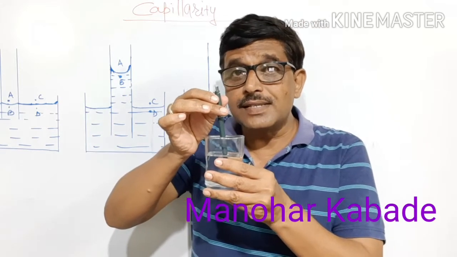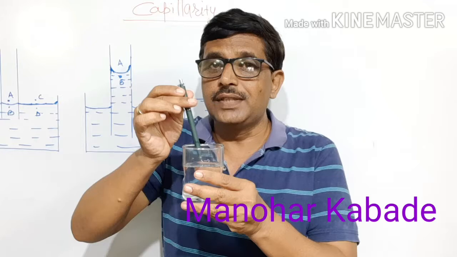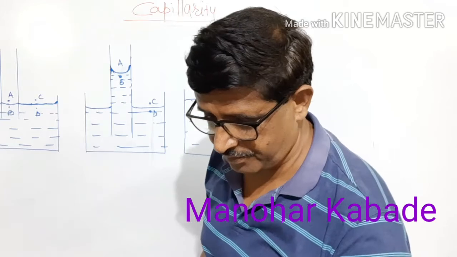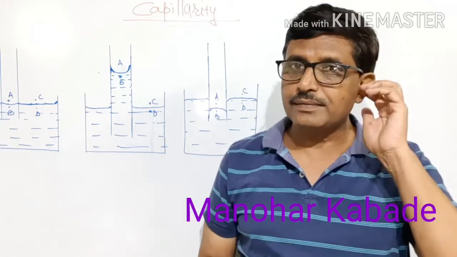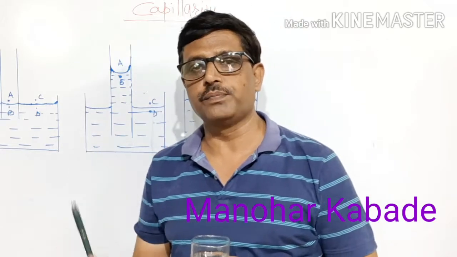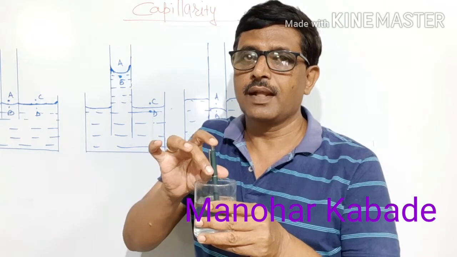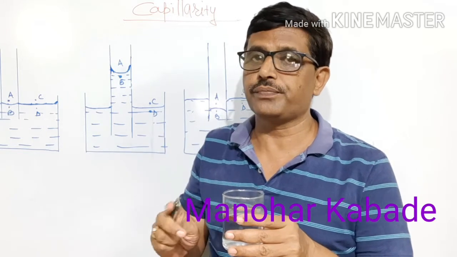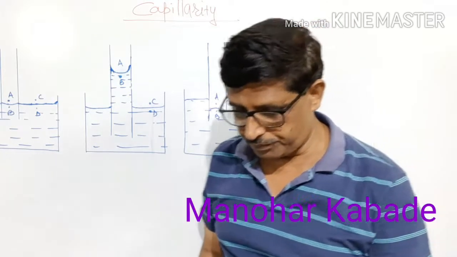then water rises inside this tube above the water in the glass. Instead of that, if the same tube, which is called a capillary tube, is dipped in mercury, then mercury depresses inside the capillary tube as compared to the liquid outside the capillary tube.